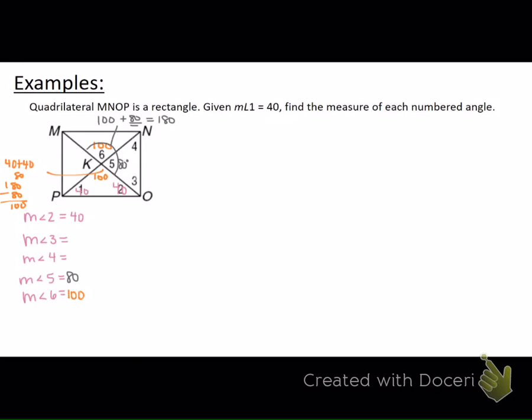Gabe, find another angle. Angle 3 is what? How did you get that? So 40 plus 50 is 90. So what do you know then, Gabe, about angle 4? Angle 4 is congruent to angle 3, so it's also 50 degrees.